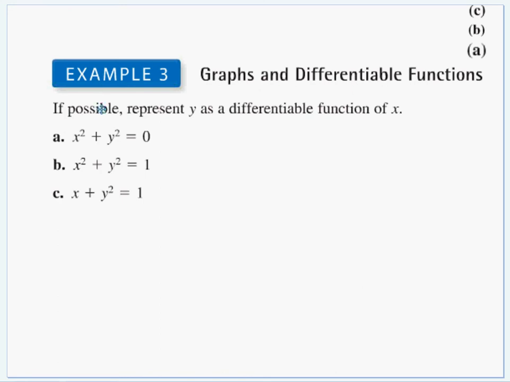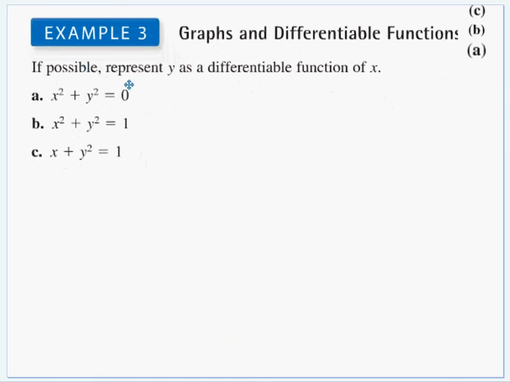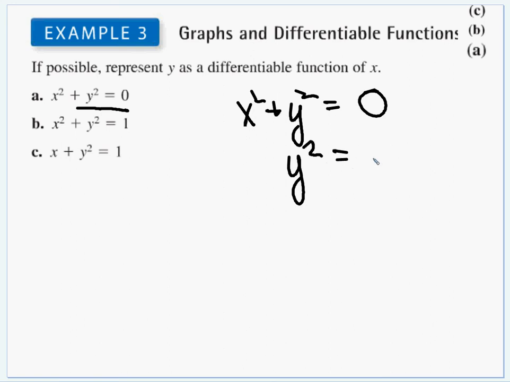So here, example 3, it says, if possible, represent y as a differentiable function of x. Let's see if we can do that here. So what we want to do is just get the y value by itself. So if we start with x squared plus y squared equals 0, we would first subtract x squared, negative x squared, and then we would take the square root of both sides.